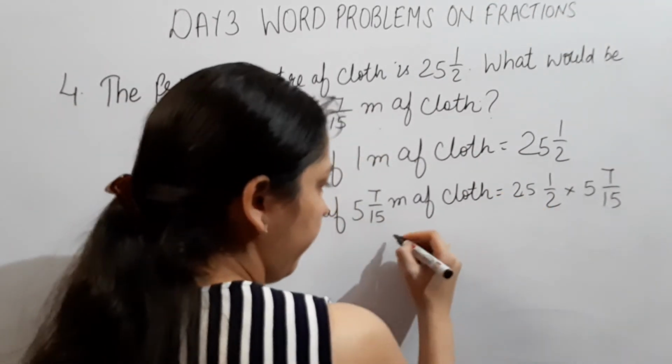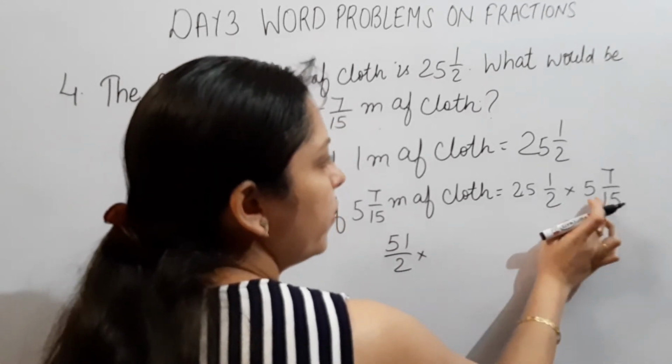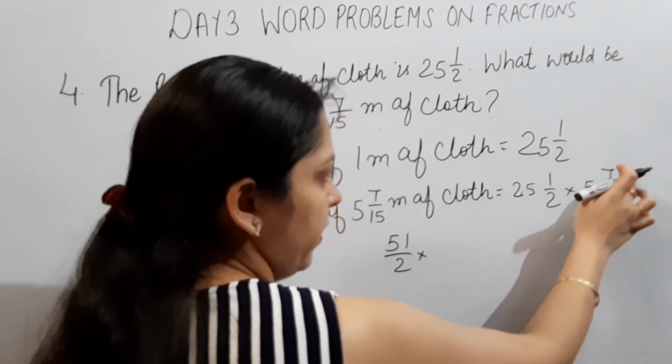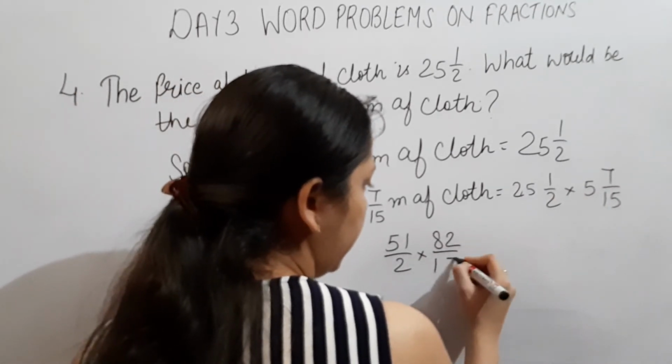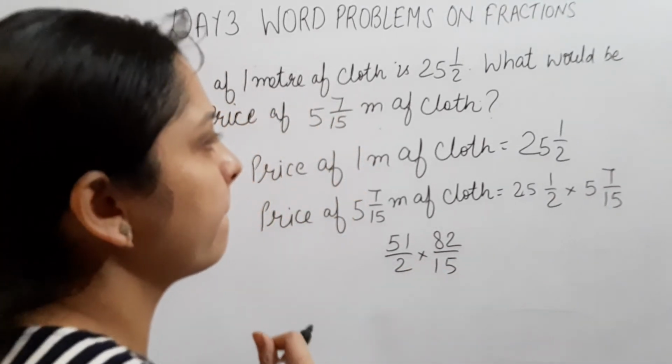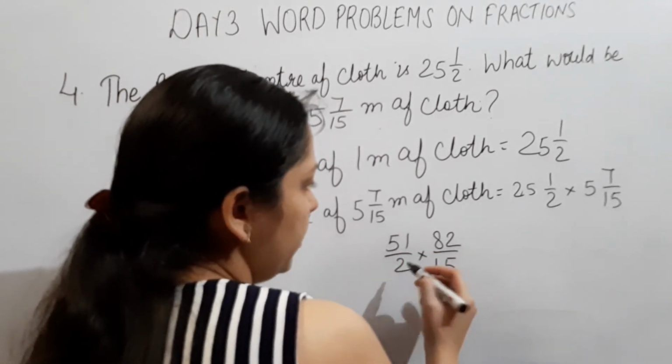So yes, find out this. 25 times 2 is 50 and 50 plus 1 is 51. So 15 times 5 is 75 and 75 plus 7 is 82. So it's 82 by 15. Now you can crisscross it.